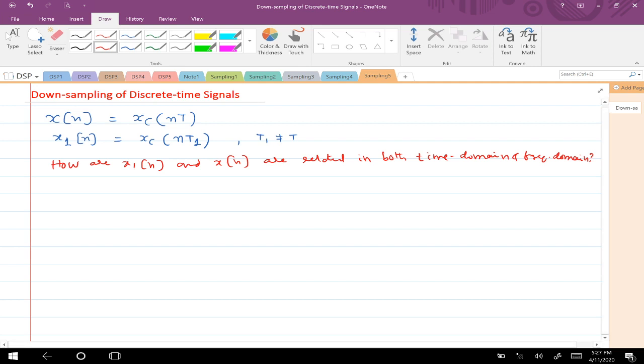One possible reason is that once you are doing discrete time processing, certain modules will process at a particular rate. For example, you have taken the audio samples of this speech that I am speaking at 44.1 kilohertz, and assume that there is some block in your whole DSP kit which processes things only at 20 kilohertz. In fact, certain blocks do the processing only at a particular rate. So what would you do? Of course, you would need to downsample it.